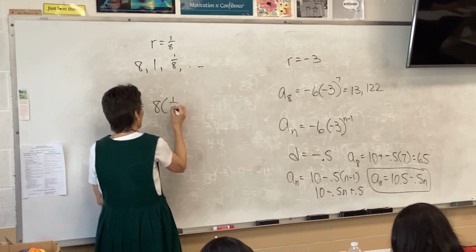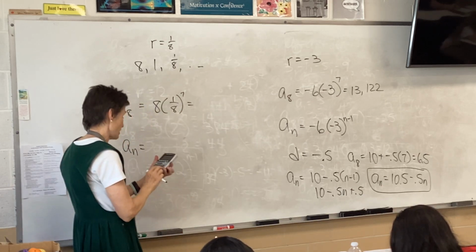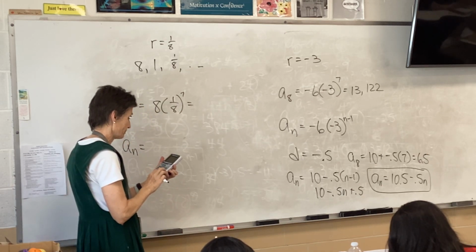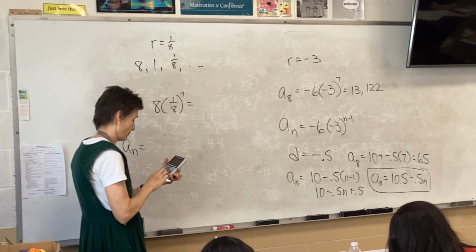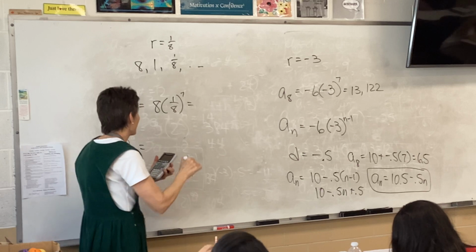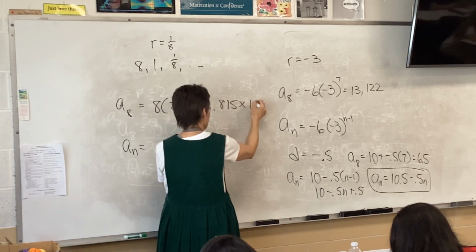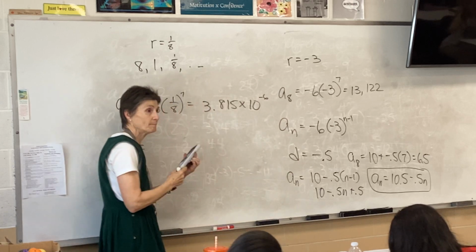It's 8 times 1/8 to the 7th, which is 3.815 times 10 to the -6. Is that what you got?